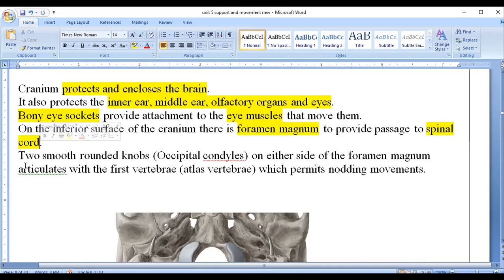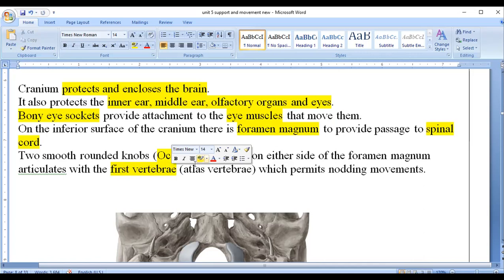On either side of the foramen magnum, two small peanut-sized structures will be there. Those structures are called by this name. What is the name? Occipital condyles. These occipital condyles contact the first vertebra of the vertebral column.